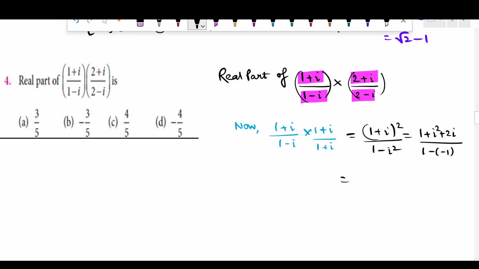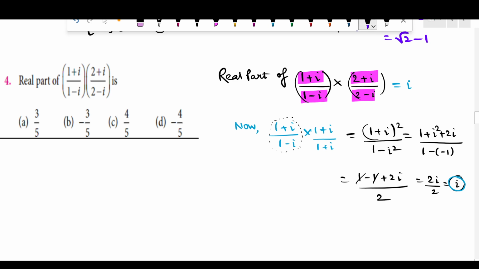So this is 1 minus 1 plus 2i upon 2. This will be 2i upon 2, which is i. So in place of this 1 plus i over 1 minus i, we can place i.